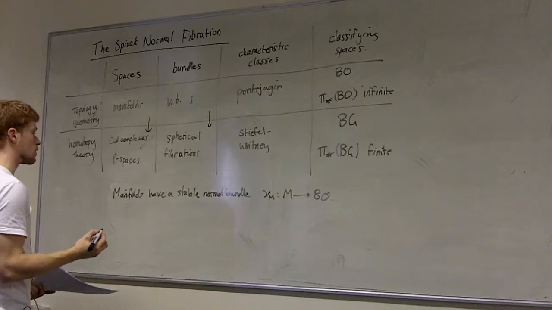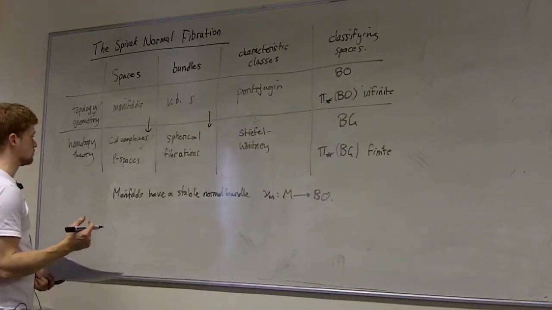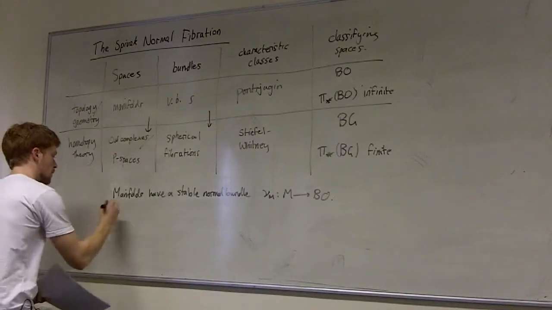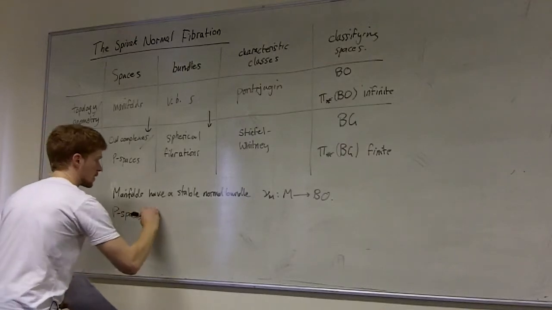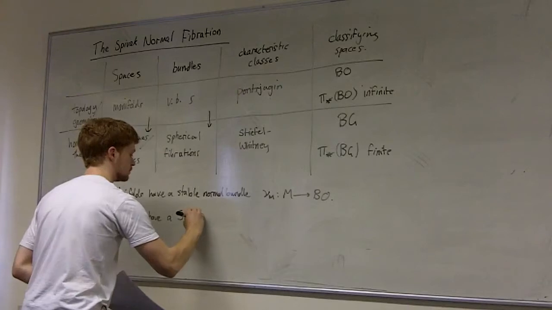So the correct analog for Poincare duality complexes is going to be: so P spaces have a Spivak normal fibration.